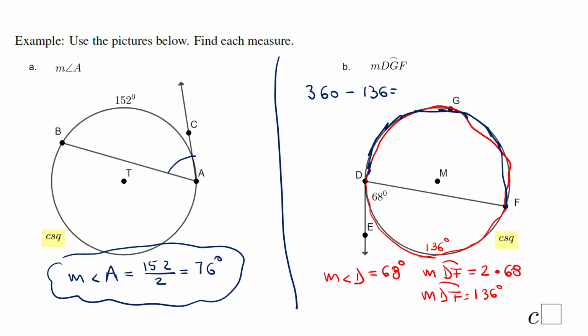And that will be 224. So the measure of the arc DGF is 224 degrees.